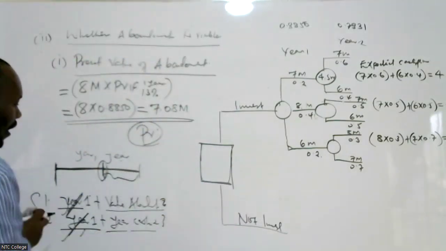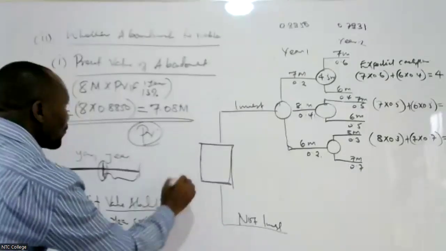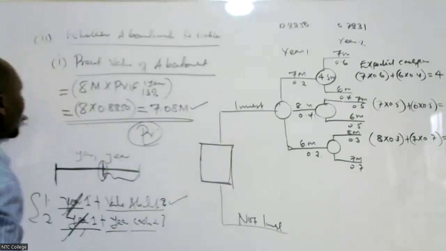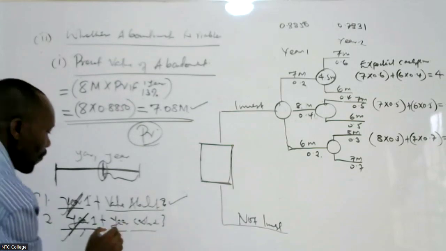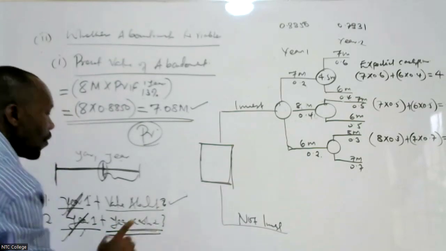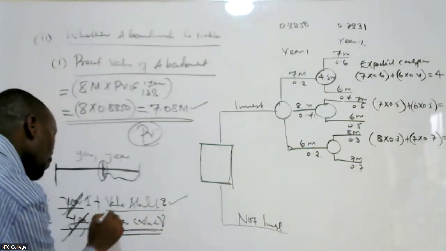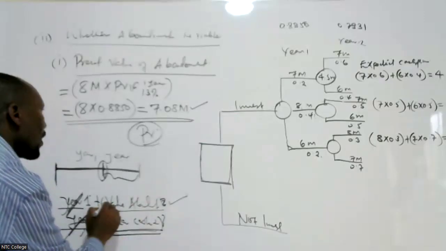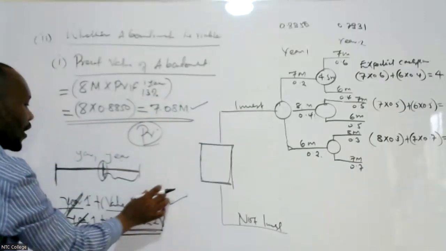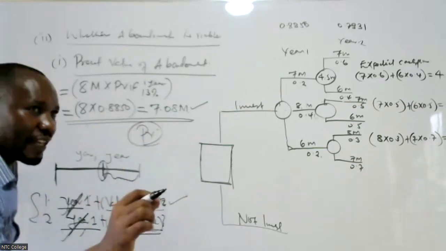So what we did first, we have gotten the value of abandonment, which is this one. So we need now to calculate the present value of cash flow for year two only. For year two only, so that we can compare cash flow for year two and the abandonment value. Abandonment value was 8 million that will be paid after 1 year.